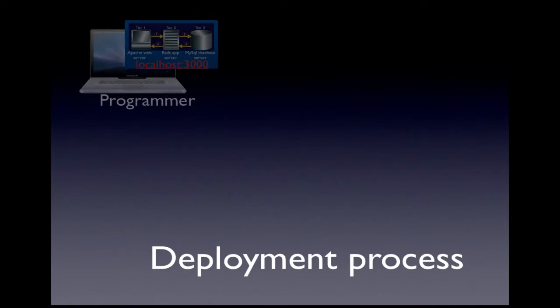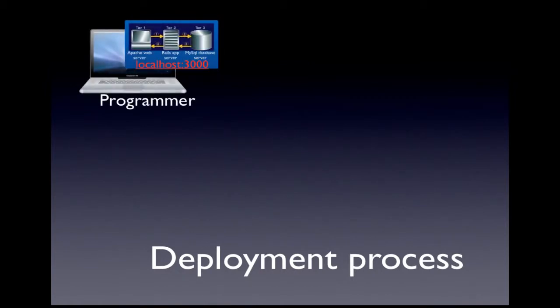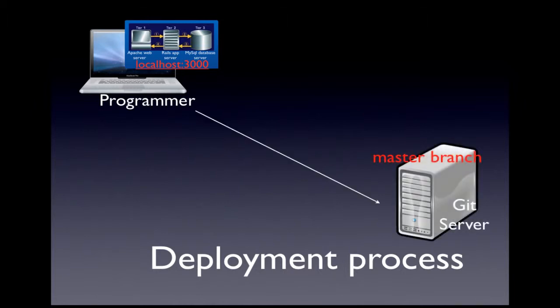Now, for the deployment process, it all starts with the programmer. So say, for example, the programmer is finishing up a task. They commit it to their local branch. They merge it to their local master branch, and they push it to the remote master branch on the Git server, on the Git source code repository.